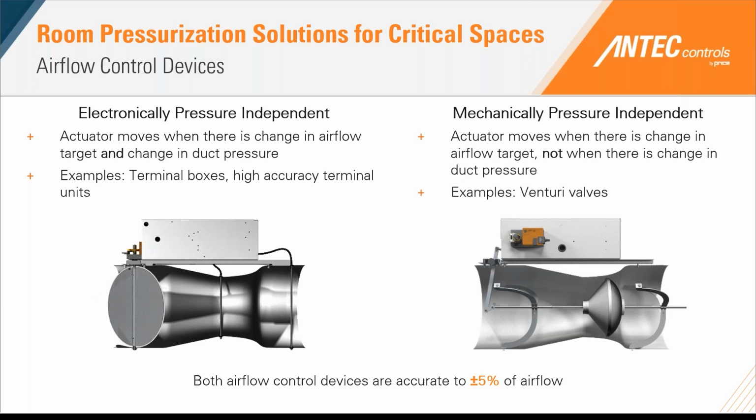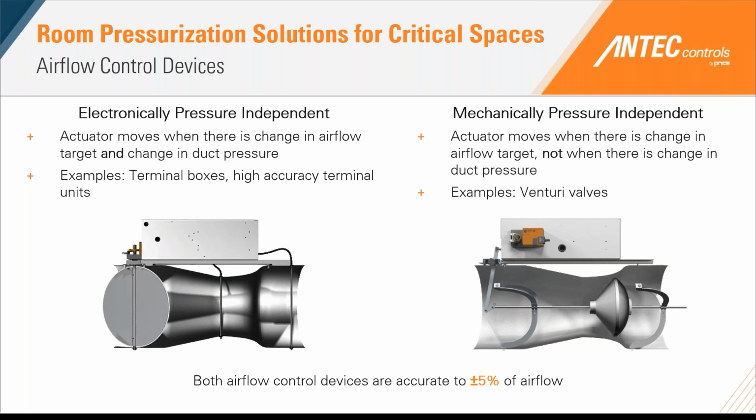So these are air valves where your actuator only moves when there's a change in your airflow target, not when there's a change in your duct pressure. In this case, the example is going to be a Venturi valve. In essence though, if you're picking your air valve technology, the key thing you're going to want to ensure is that you're selecting an air valve technology that ensures it can control airflow accurately to ideally plus or minus 5% of your airflow target.